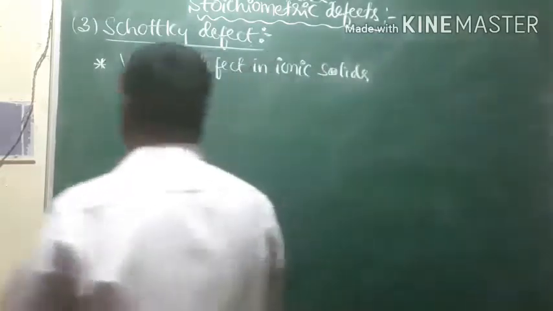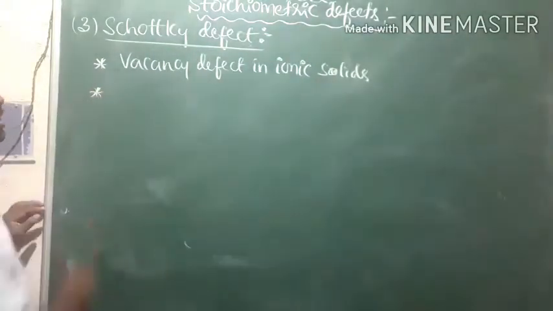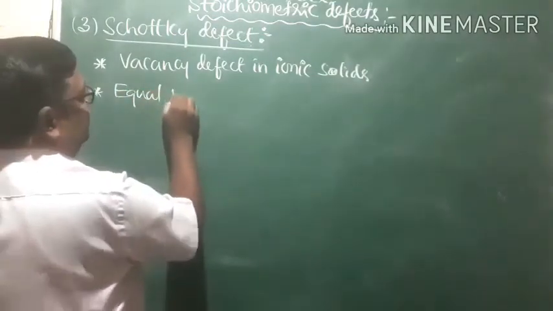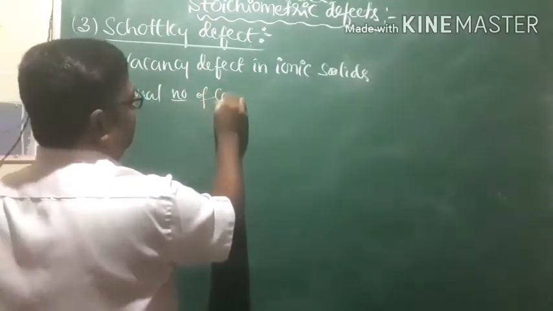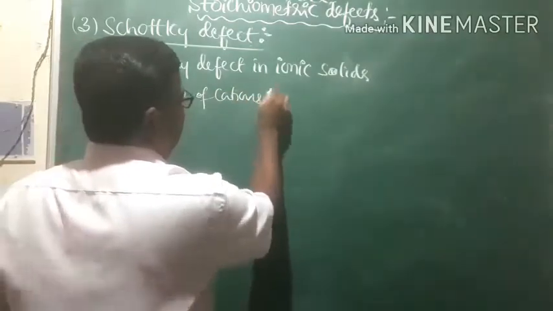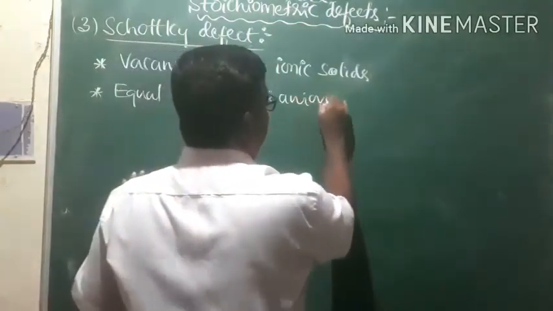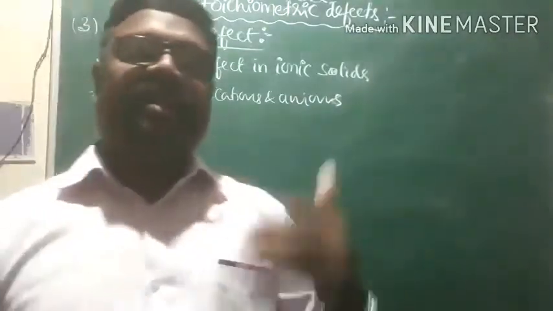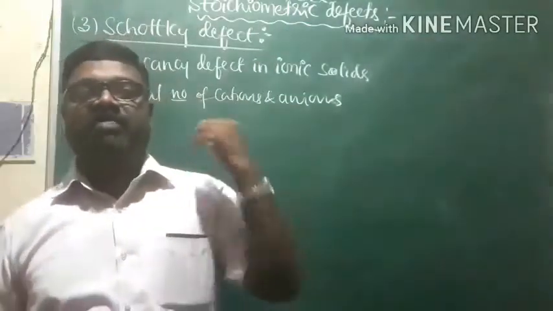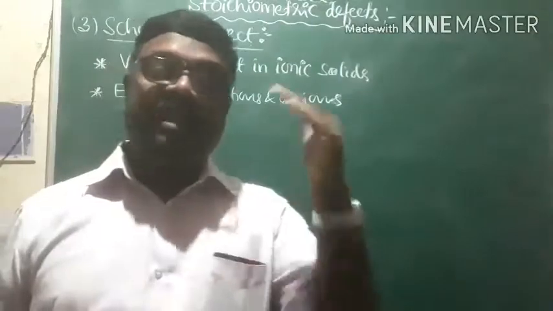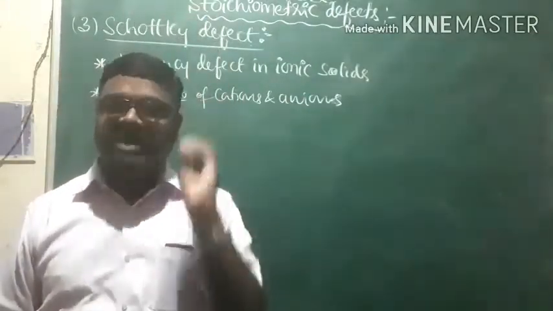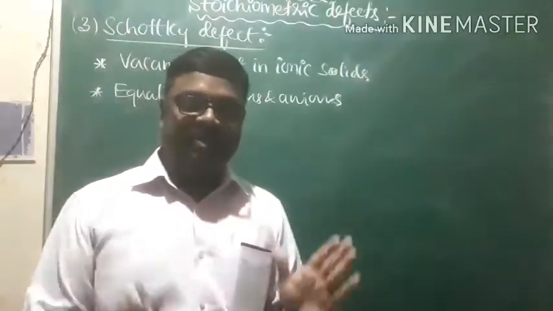In the case of Schottky defect, equal number of cations and anions are missing from their lattice sites, so that the electrical neutrality of the ionic crystal is maintained.